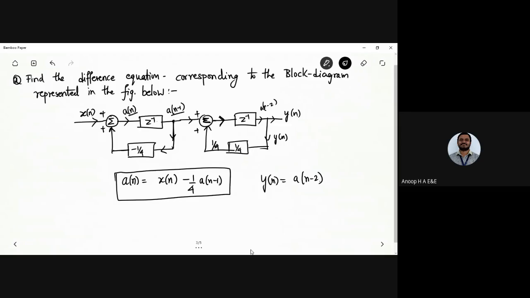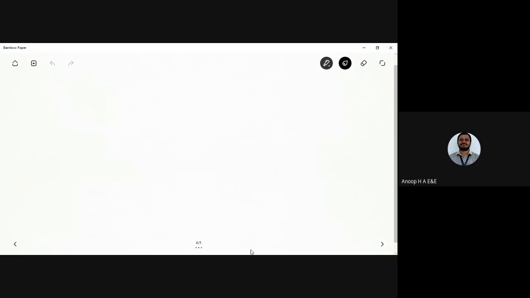Okay, so what you can do here is, you can carefully analyze the system, and then you can come to know how it is being done, right? So y of n, that would be equal to a of n minus 2 plus 1/4 of y of n minus 1. So on the other hand, what you can do is, you can have a of n minus 1.